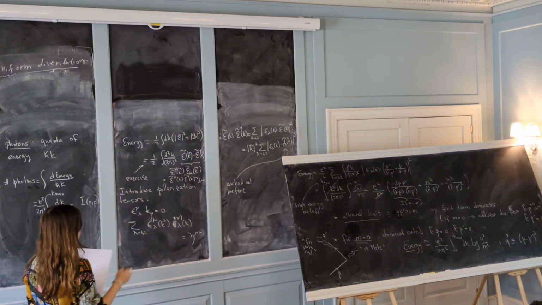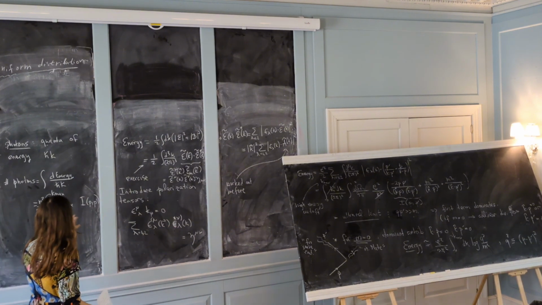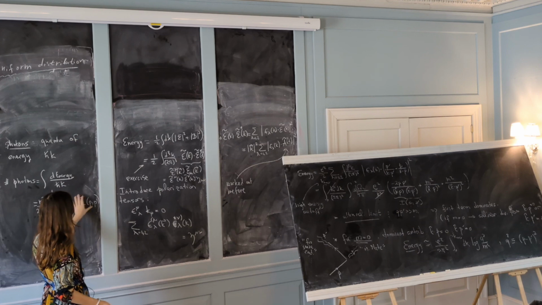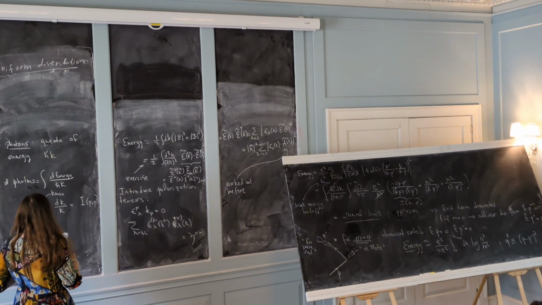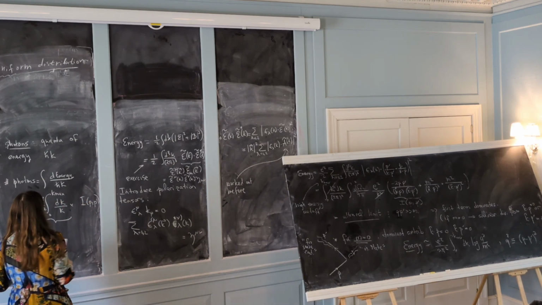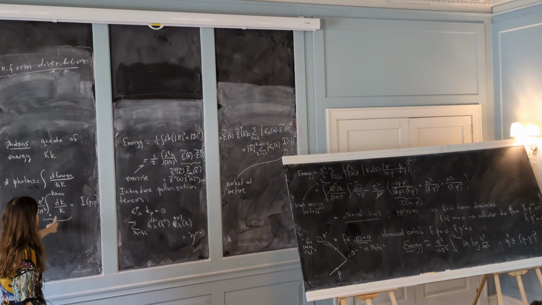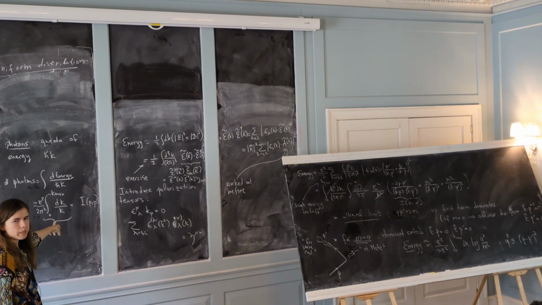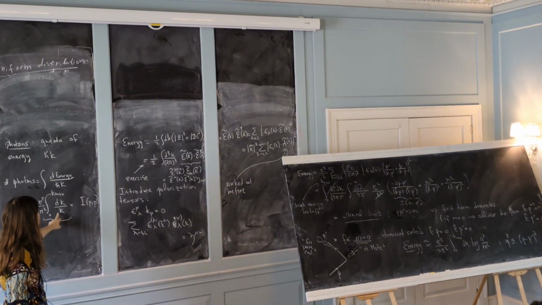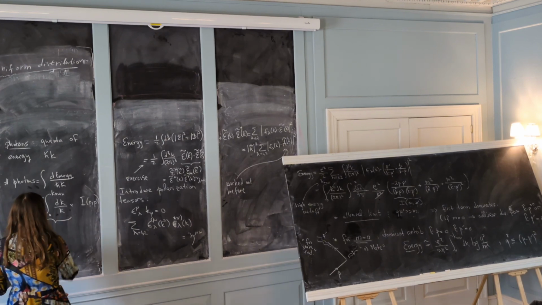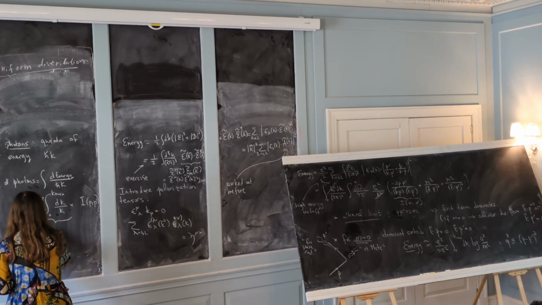It's log of k squared divided by q squared divided by m in this approximation, but I'm just going to keep it more general. The point is that now we see there is another divergence that pops up, which comes from the limit when k goes to 0. So we get a logarithmic divergence from low energy photons.